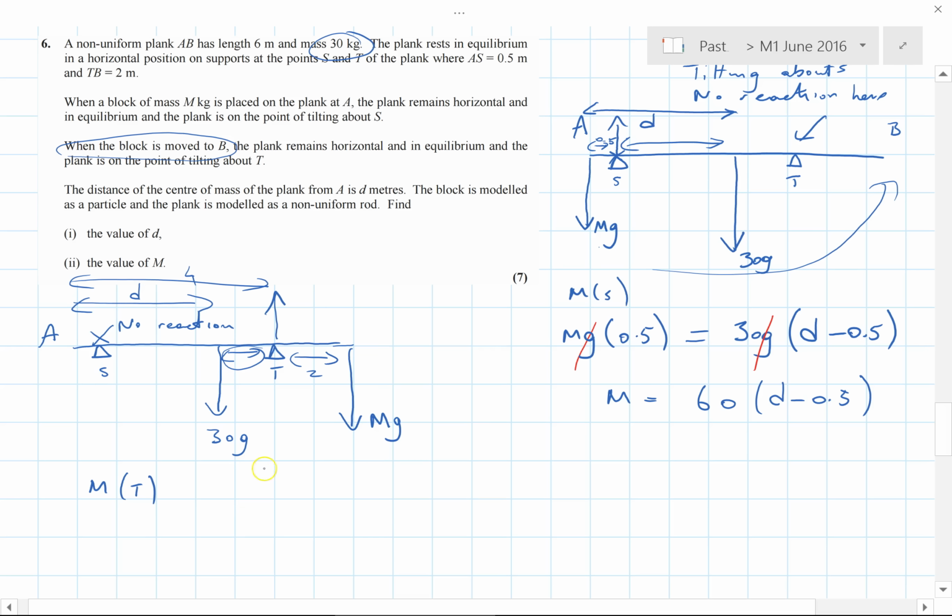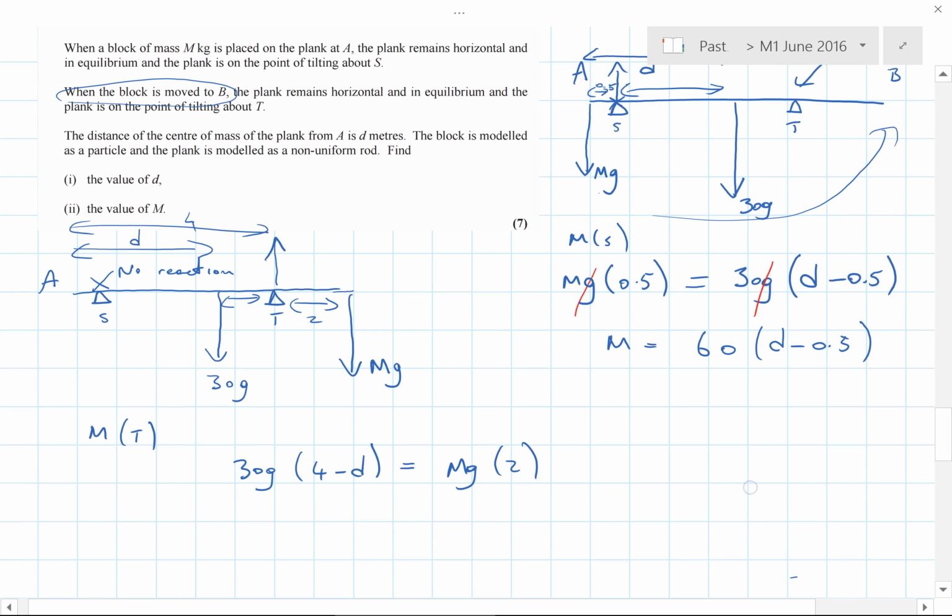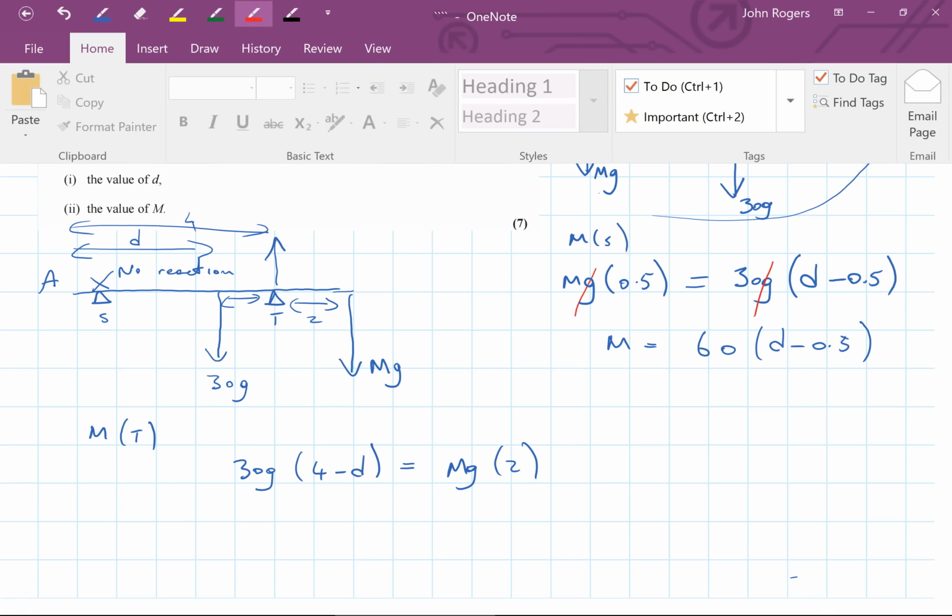Okay, so we have 30g times 4 minus d equals the moment of this force, which is 2 meters away. So it's force times perpendicular distance, so that's mg times 2. Okay, so again, let's tidy this up, and it looks like this might work out quite nicely.